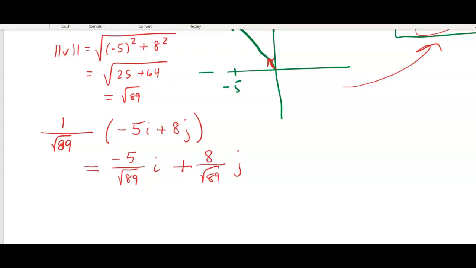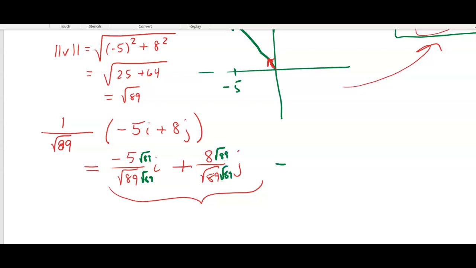Now, I want you to trust that if I were to actually find the magnitude of this new and improved vector, it would have a length of 1. But I need to rationalize, so I'm going to multiply the top and the bottom by root 89, and we've done this a lot this year.